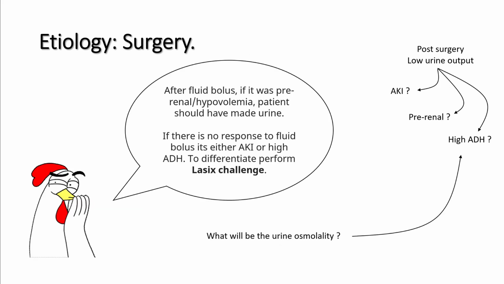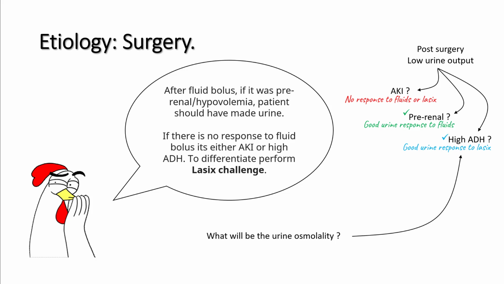If you give them IV fluids, patients with a pre-renal condition will respond very well with increasing urine output. However, patients with AKI and high ADH state will not make any urine. In patients with high ADH state, you can look at their urine osmolality, which will be higher, and you can give them some Lasix, which will result in a good urine response. Patients with AKI will respond to neither fluid nor Lasix.